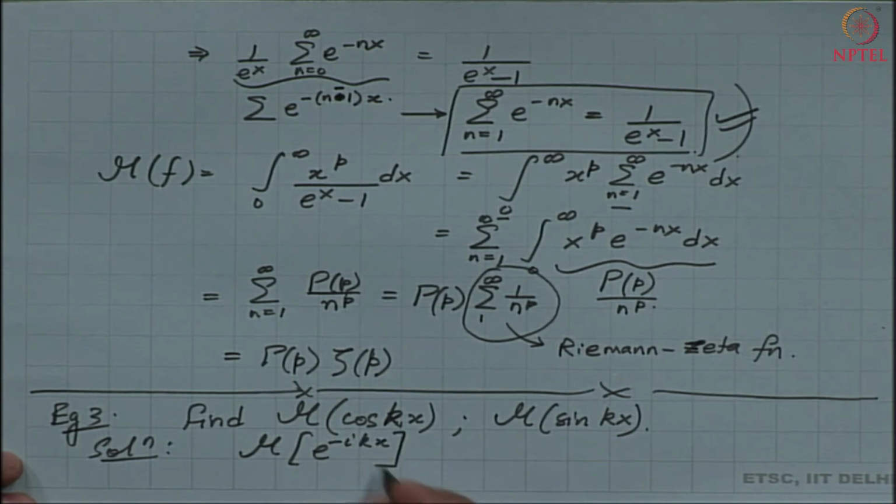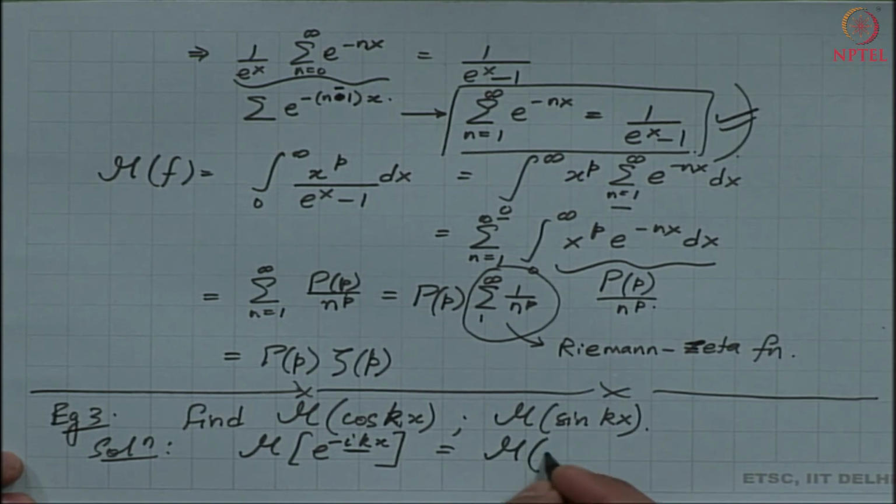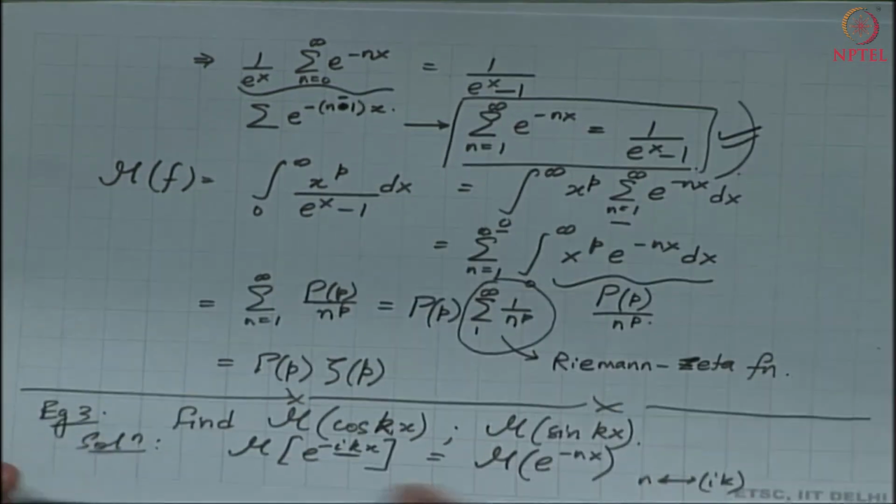So, we know the Mellin transform of e to the power negative i k x, where I am going to take n to be i times k. This is the Mellin transform of e to the power negative n x, where n I am going to replace by i k, from one of my previous examples.